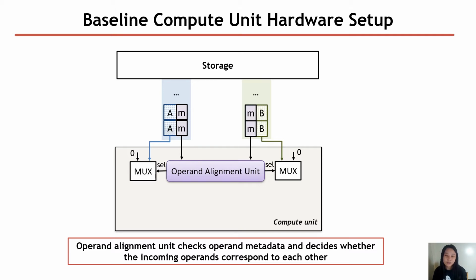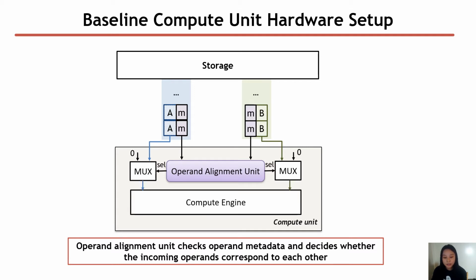If they correspond, the operand alignment unit will send a select signal to, as you can see, the two muxes next to them to choose the actual payload of whatever is sent as the operand. And if it realizes one of them does not correspond, it will choose the 0 default value.